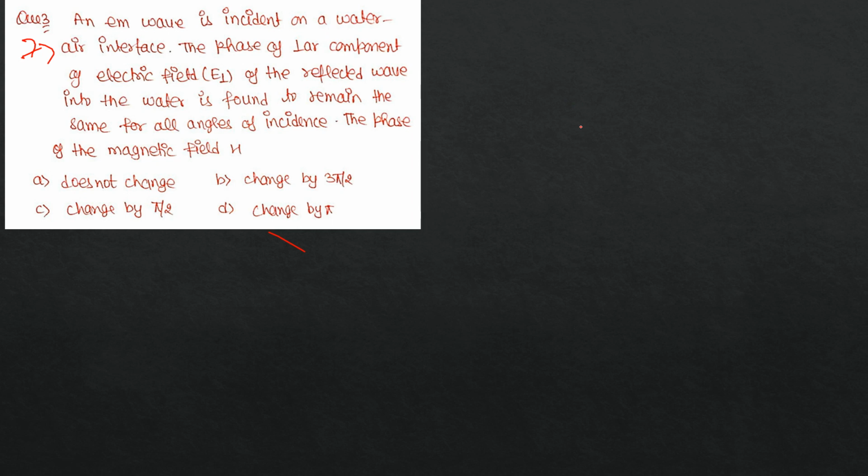The phase of the magnetic field H is asked.